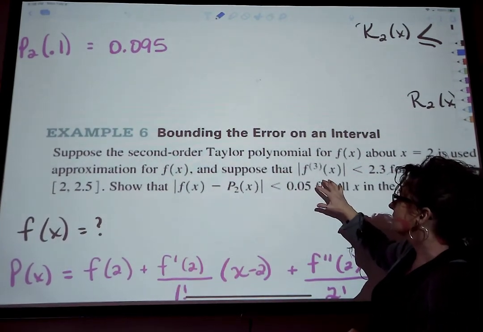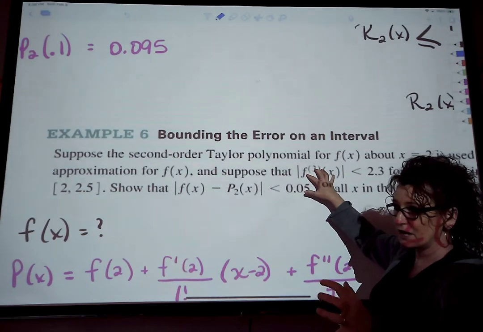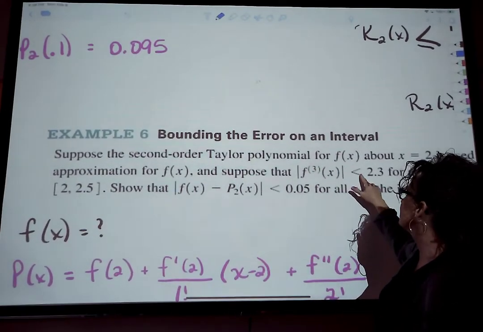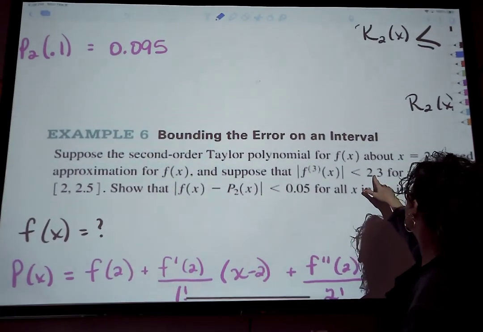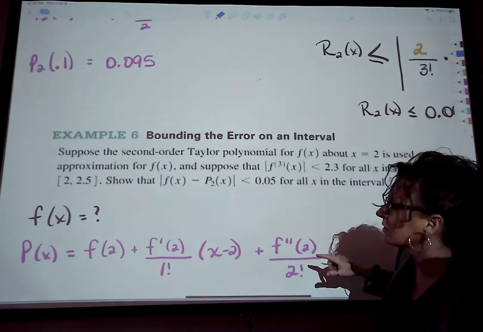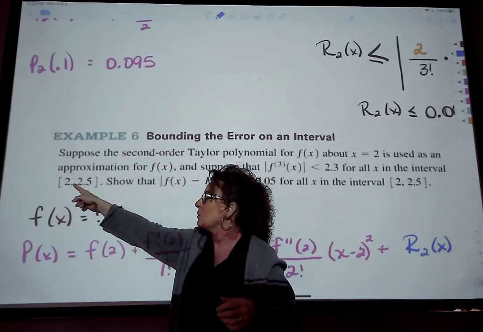I know that doesn't matter if it's positive or negative, but the third derivative is less than 2.3. And that works for everything within this interval.